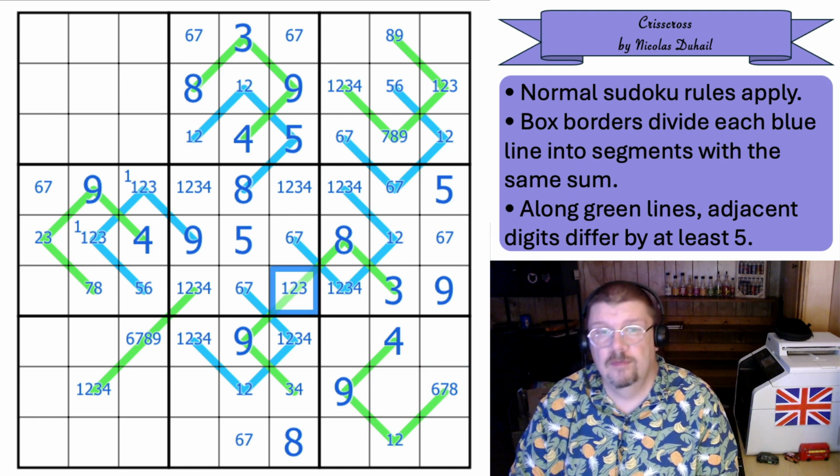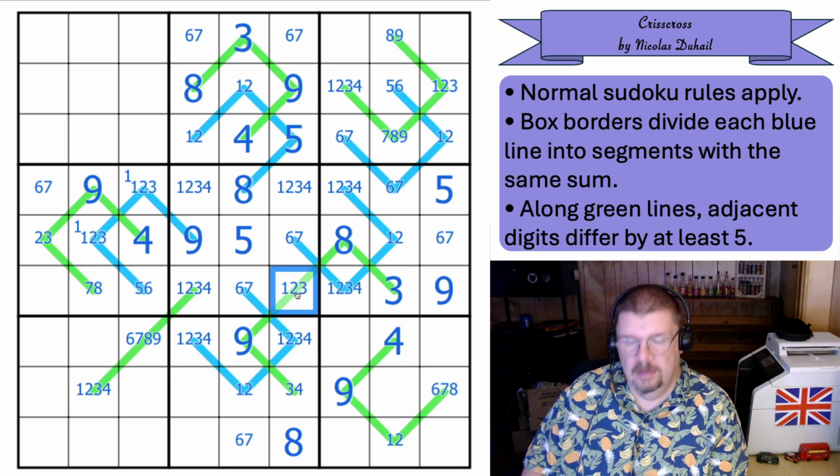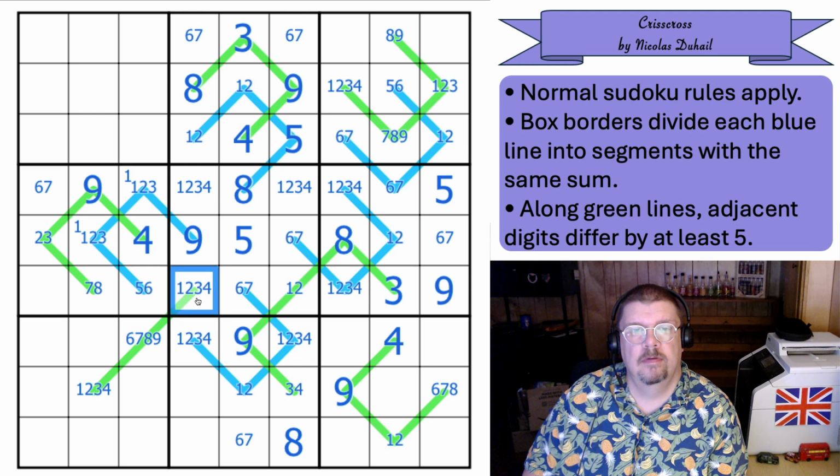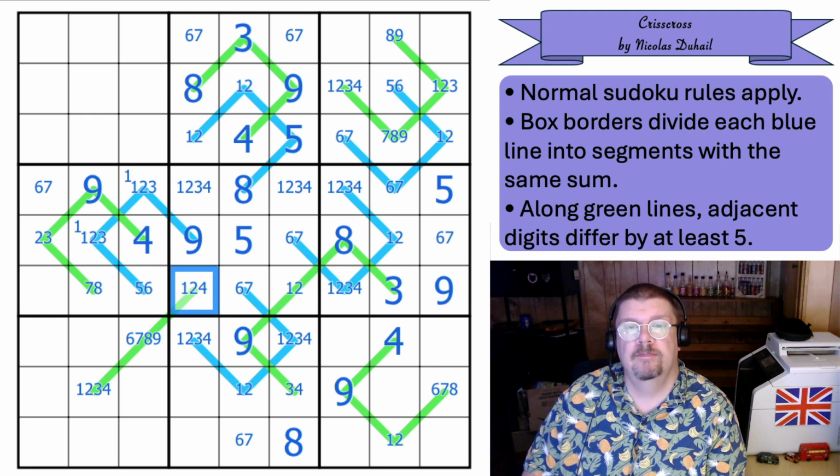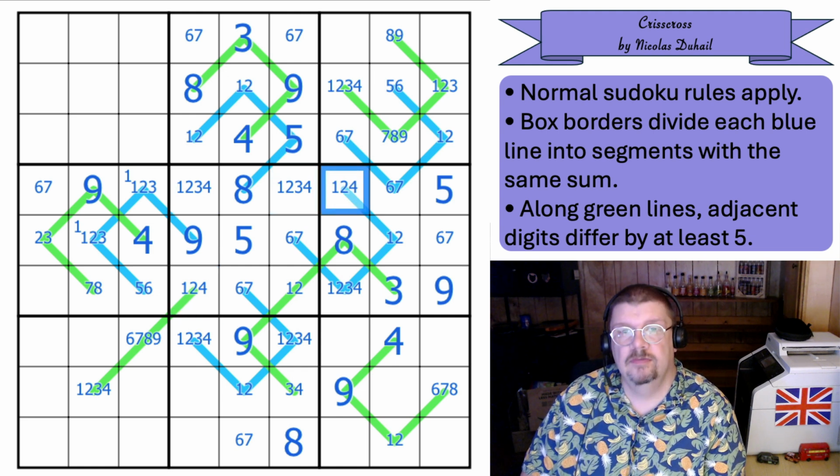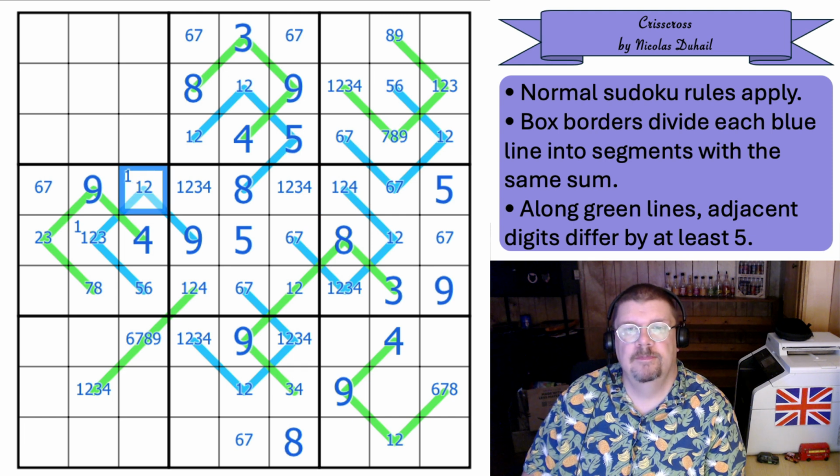This can't be a 4 because that's an 8. And it can't be a 3 because of the 3 in the row. That can't be a 3. So one of these two is 3, meaning that's not 3 and that's not 3. That's not 3. That's now a 1, 2, 4 triple, so that's 7.